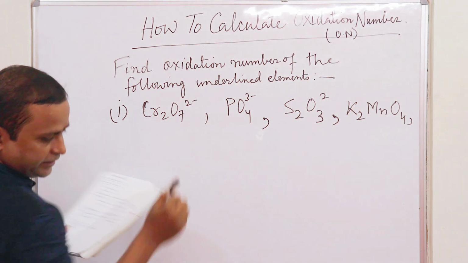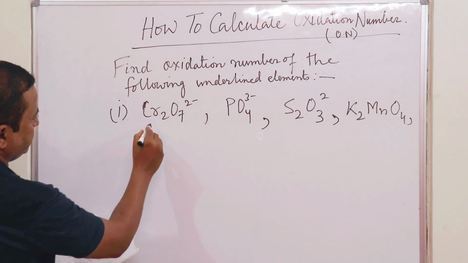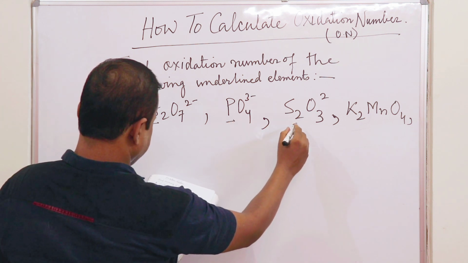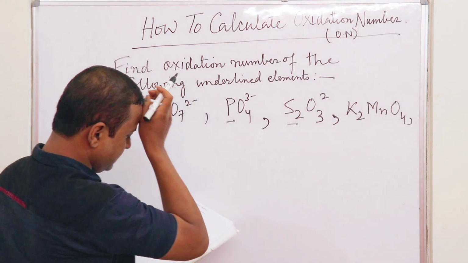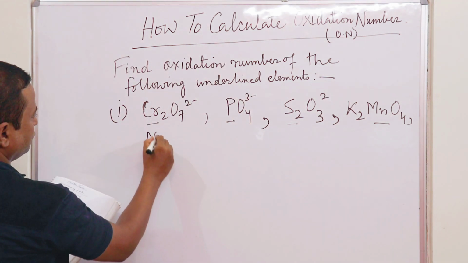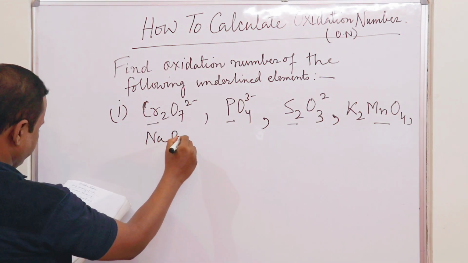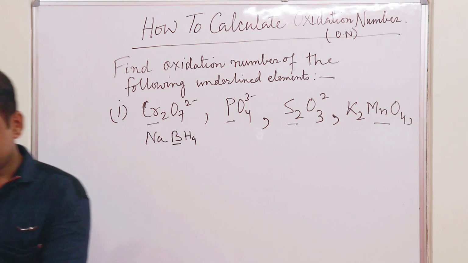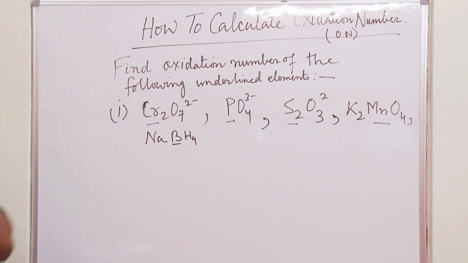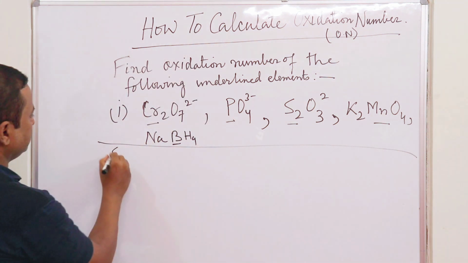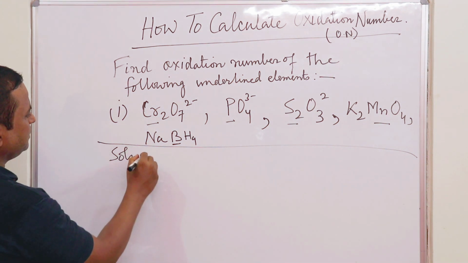So the underlined element is, here it is chromium, here it is phosphorus, here it is sulfur, and here it is manganese, and the last one sodium borohydride, NaBH4. Okay, so let's solve one by one. First of all, this is the question. Let's start with solution 1.